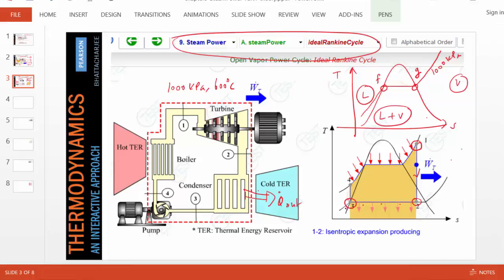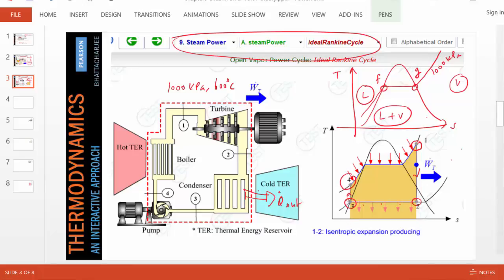So state 3 is an F state, saturated liquid state in an ideal Rankine cycle. From state 3, of course the pressure doesn't change because condensation is just the opposite of boiling, going in the reverse direction. So temperature doesn't change, and at state 3 we raise the pressure of the liquid using a pump, and it's an isentropic pump.